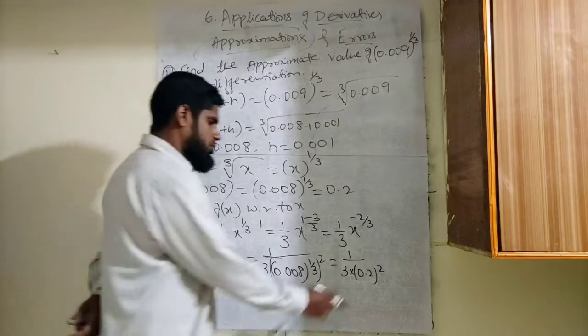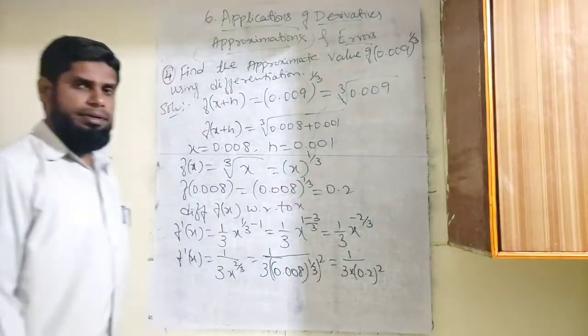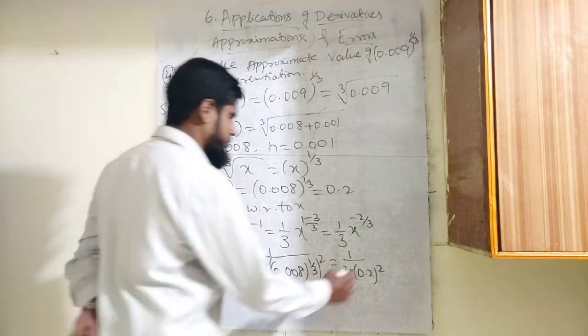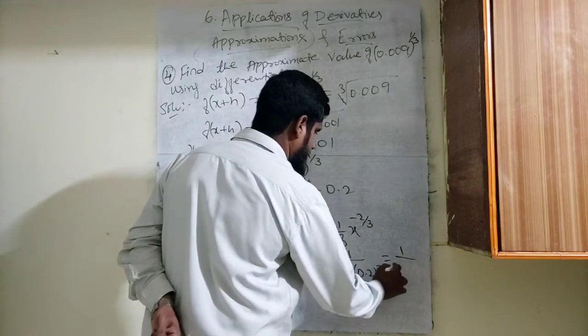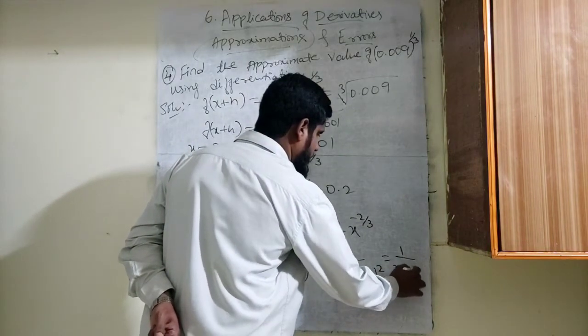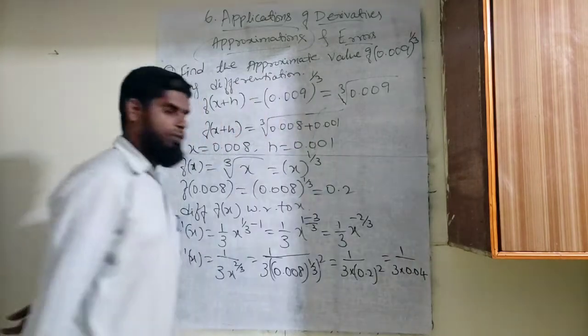So 0.2 whole square is 0.04, so 1 divided by 3 into 0.04.